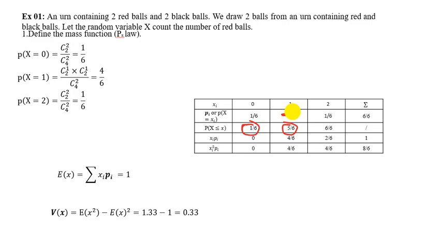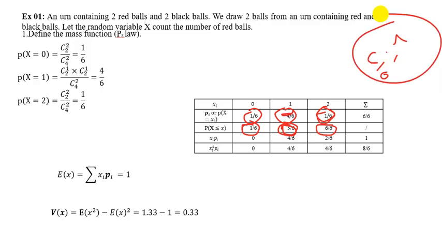And finally the probability that x is less than or equal to 2 means it takes all the values 2, 1 and 0. We get in the end 6 over 6, which is 1. So the probability that x is less than or equal to 2 is 100%.